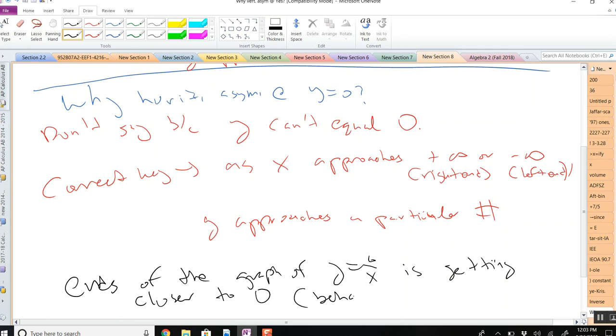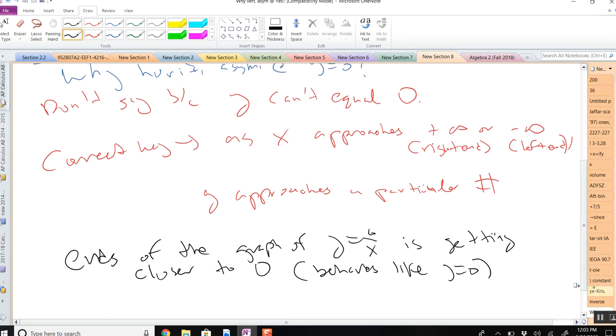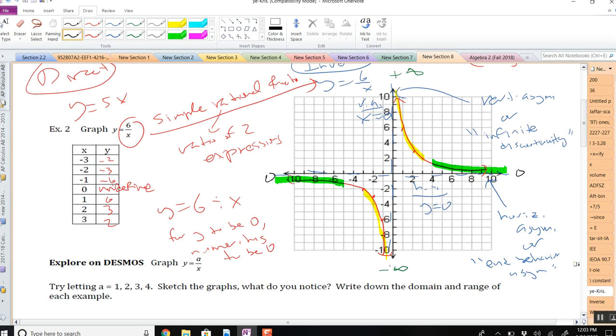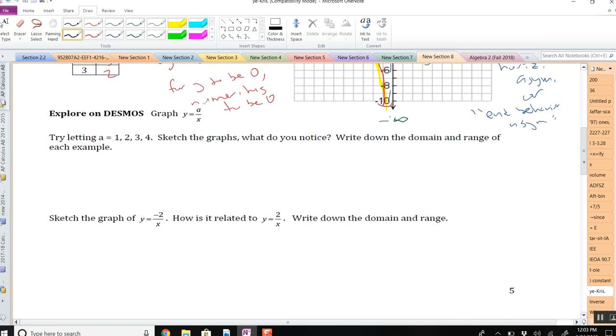So it behaves like y equals 0. If you actually were to graph y equals 6 over x in the calculator, and just change the window and focus on when x is like 10 or 20 or 50 or whatever, it's going to really look like a horizontal line. It's not one exactly, but it looks pretty close to one.